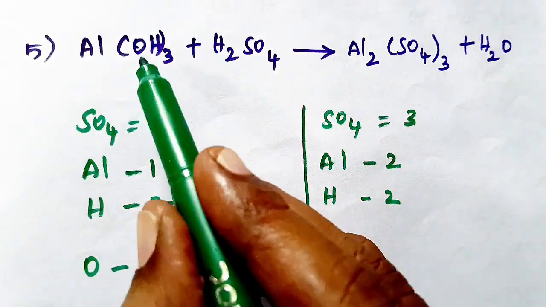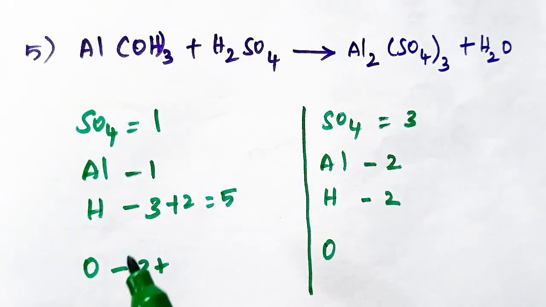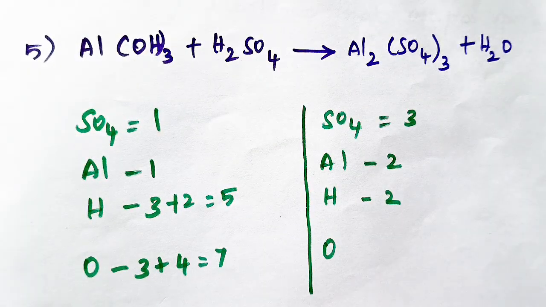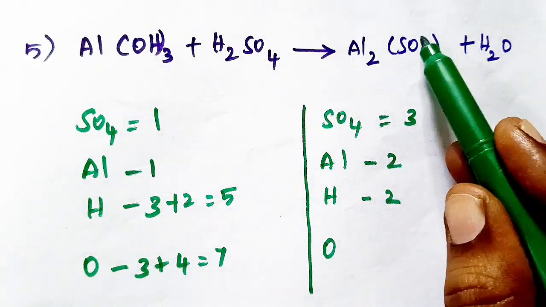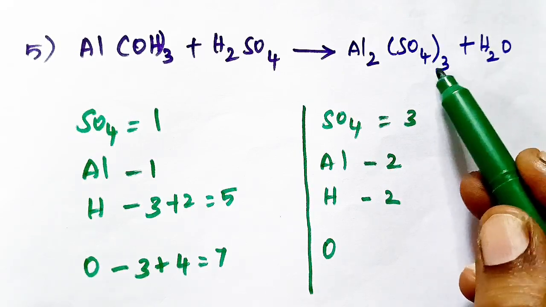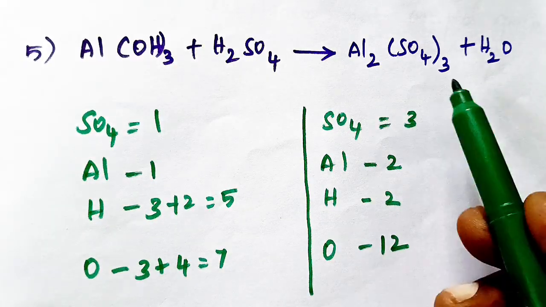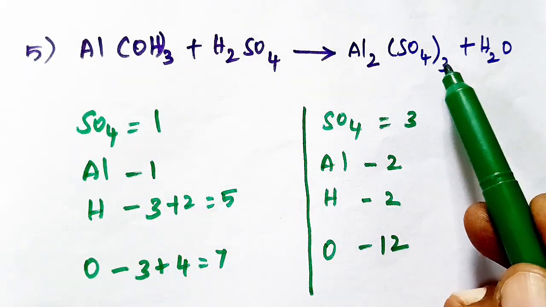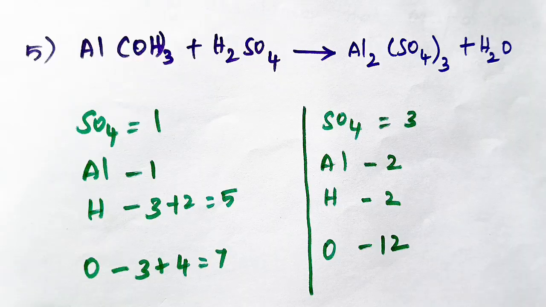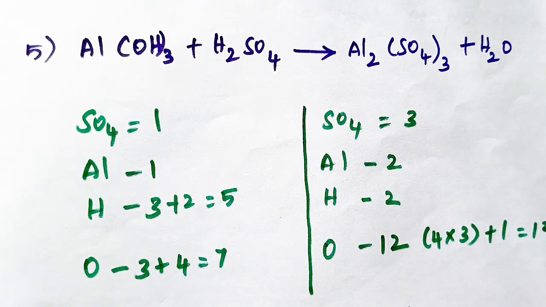Then oxygen, 3 plus 4, so you have 7 oxygen, and this side you have O4 and after the closed bracket you have 3, so you should multiply 4 into 3, 12. So here the number of oxygen is 4 into 3, 12, plus 1, so 12 plus 1, 13.